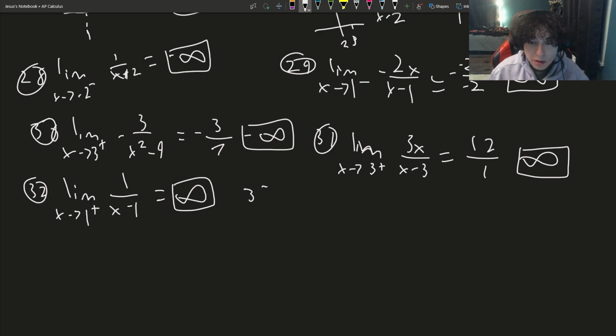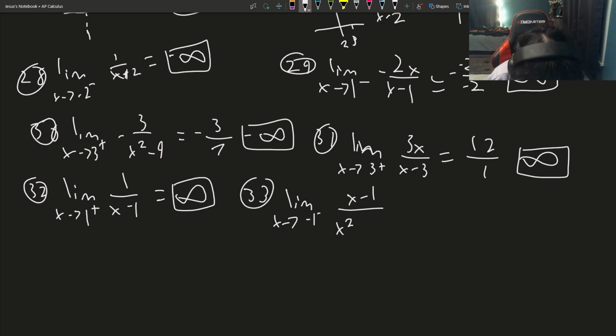Number 33, the one I keep messing up. 33, negative 1 from the left. So it'll be x minus 1 over x squared plus 2x plus 1. You can factor the bottom one, but it wouldn't simplify.